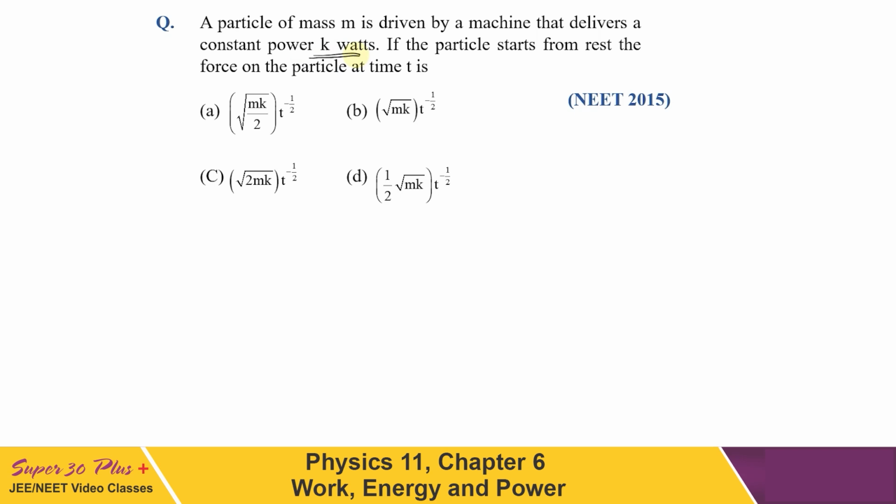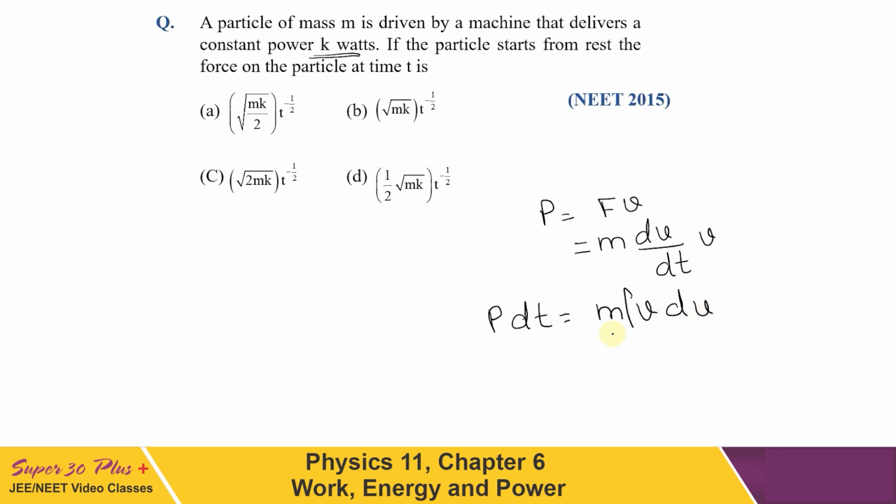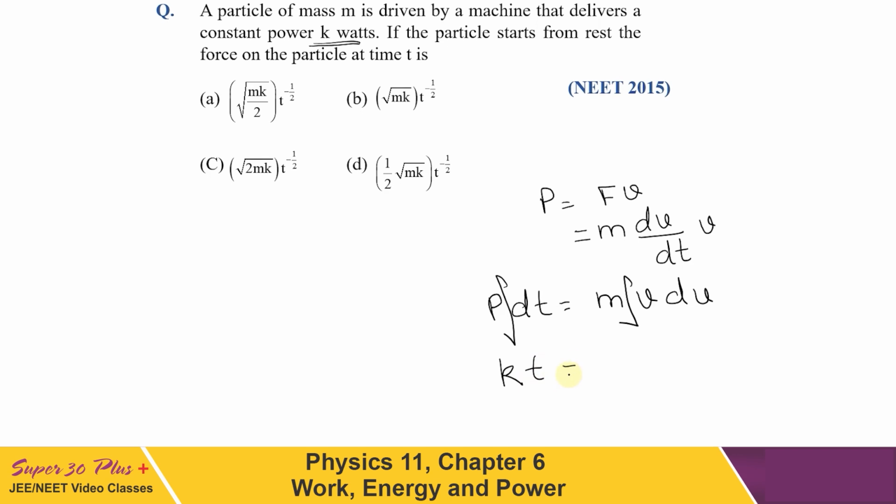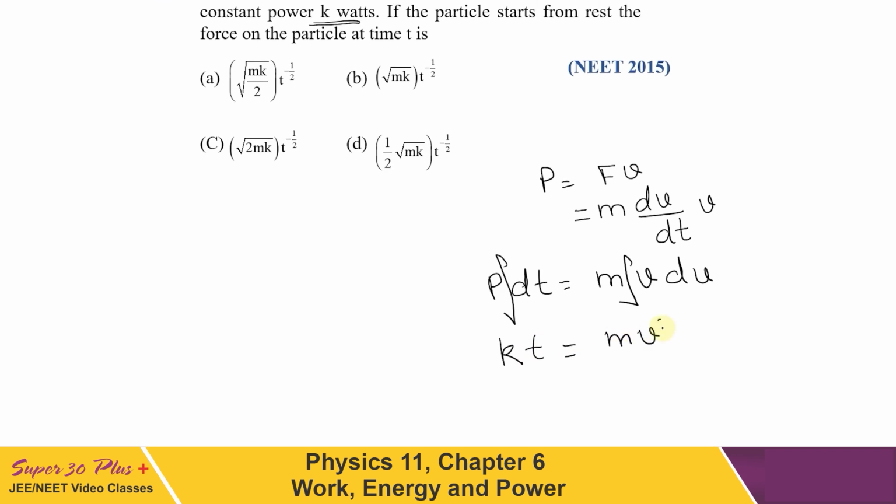Power can be written as F multiplied with V. F can be written as m dV by dt as well, multiplied with V. Now if we take dt on the other side, it will be P dt is equal to m v dv. Now integrate both sides. Power I have written outside because it is constant and its value is given as k. So this will be kt is equal to m v squared by 2.